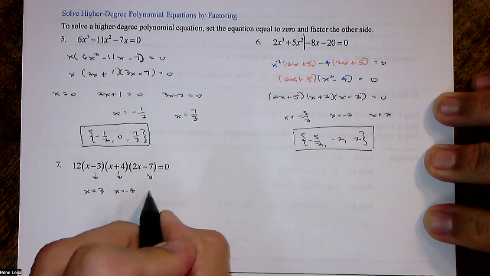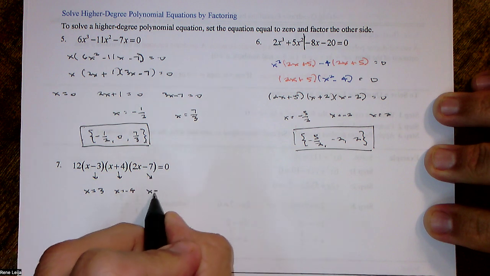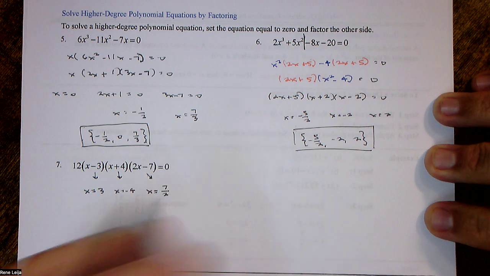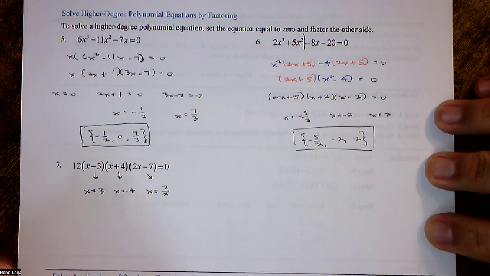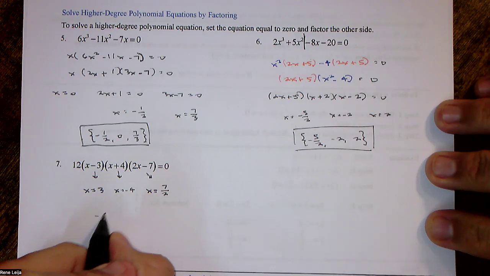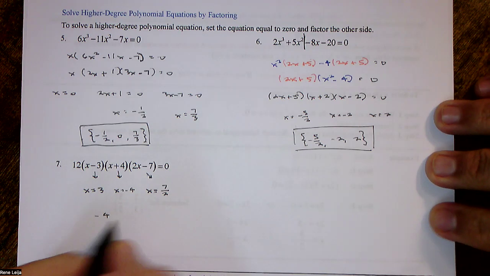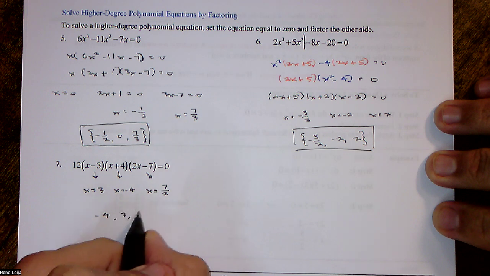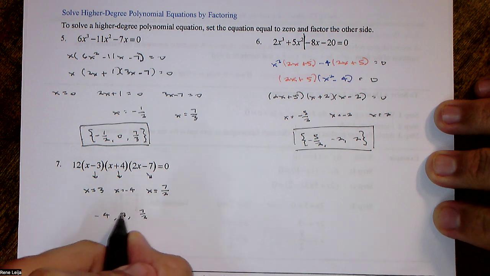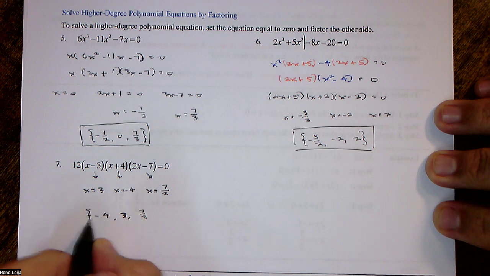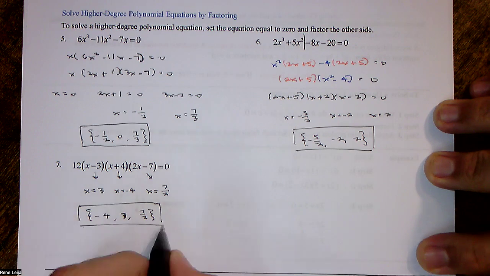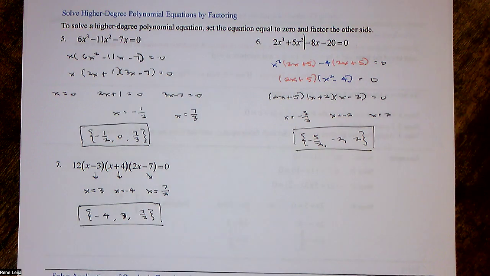And this one, well, add 7, divide by 2. So that's 7/2. So our 3 solutions are negative 4, 3, and 7/2. And that was nice because it was already factored for us. We didn't have to factor it.